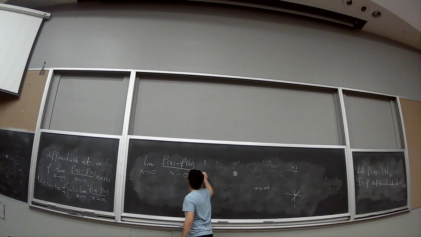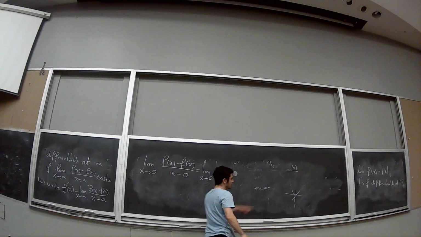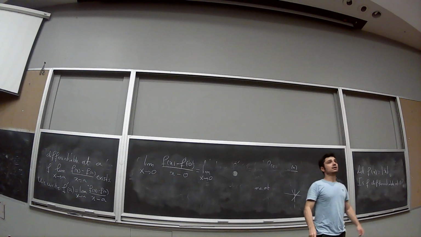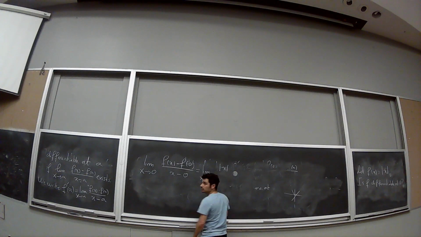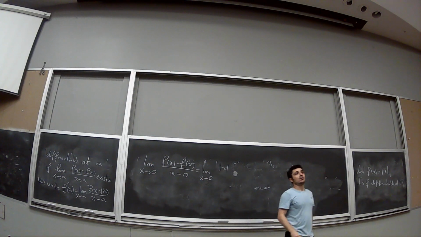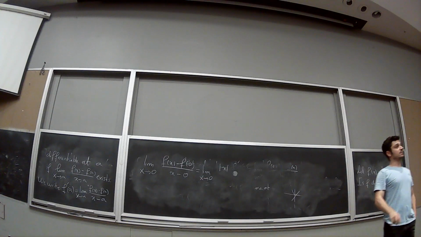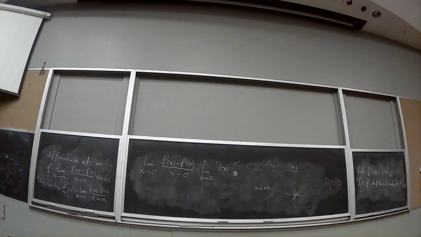What is f of x in that case? Absolute value of x. What is f of 0? Absolute value of 0 is equal to what? 0.